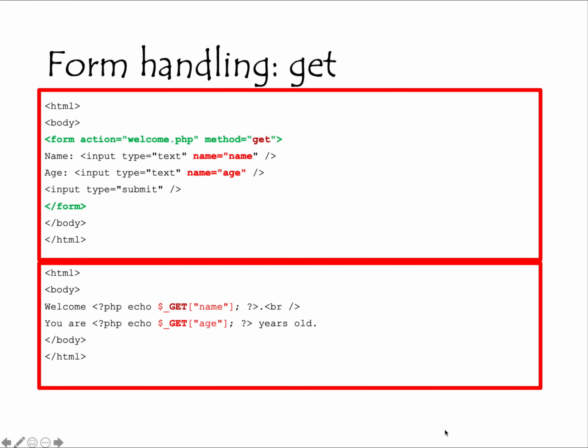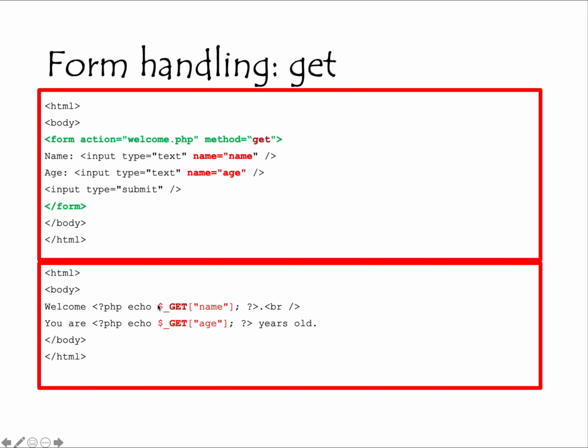So this example is very similar to the previous one. The first part is almost identical. Only one difference: the method has been changed to the get method. If the method is get, now in the receiving part, you have to use a different array variable, that's $_GET.